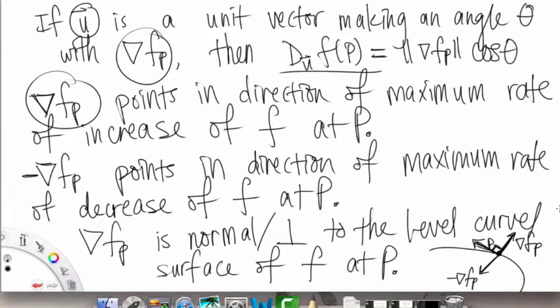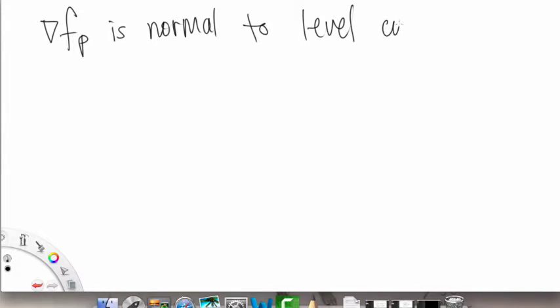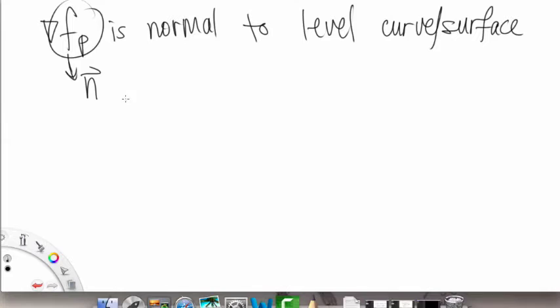And then another thing to note, building off of that last thing, is that because our gradient f of p is normal to the level curve or surface, as far as the equations of planes go, we can consider this like the normal vector, because it is normal to the level curve or surface.